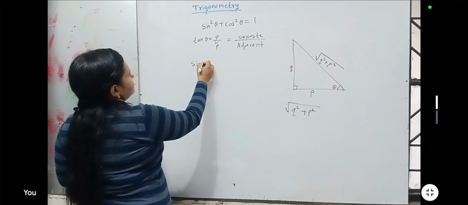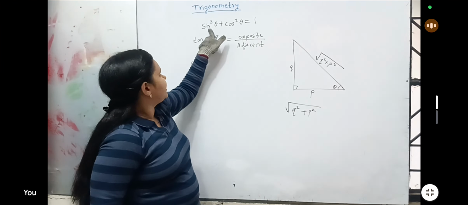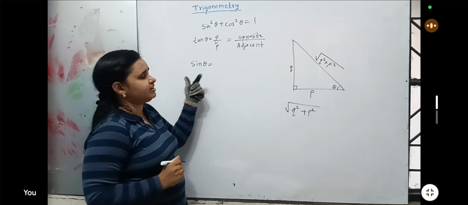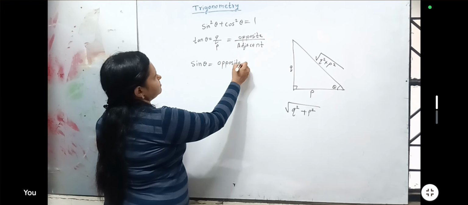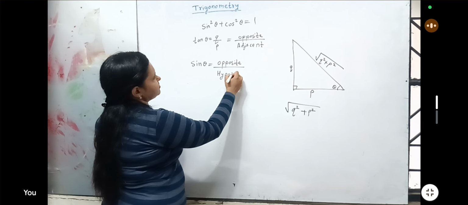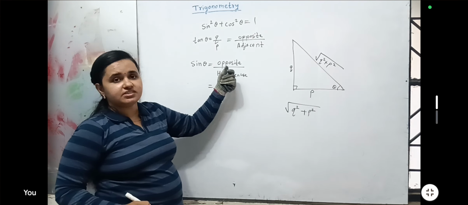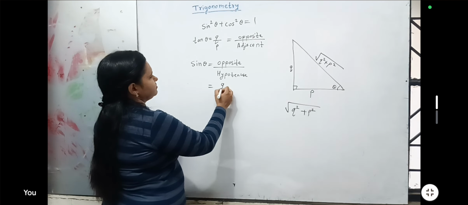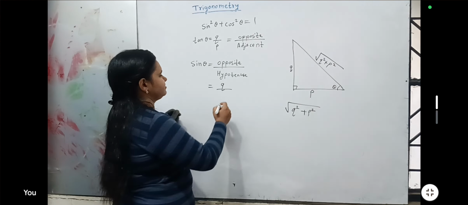So now we can calculate sin theta and cos theta from this right angle triangle. What is actually sin theta? It is opposite upon hypotenuse. What is the opposite of theta? It is q. Now hypotenuse is under root of q square plus p square.